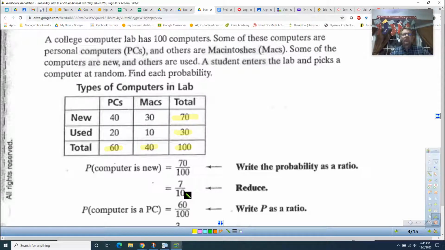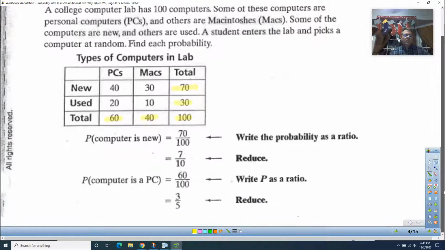The next example: what's the chance of picking a computer that is a PC? Again, we're talking about all of the computers in the lab, so that's out of 100. How many of those are a PC? We added it up: 60. So 60 out of 100 reduces to 3/5.